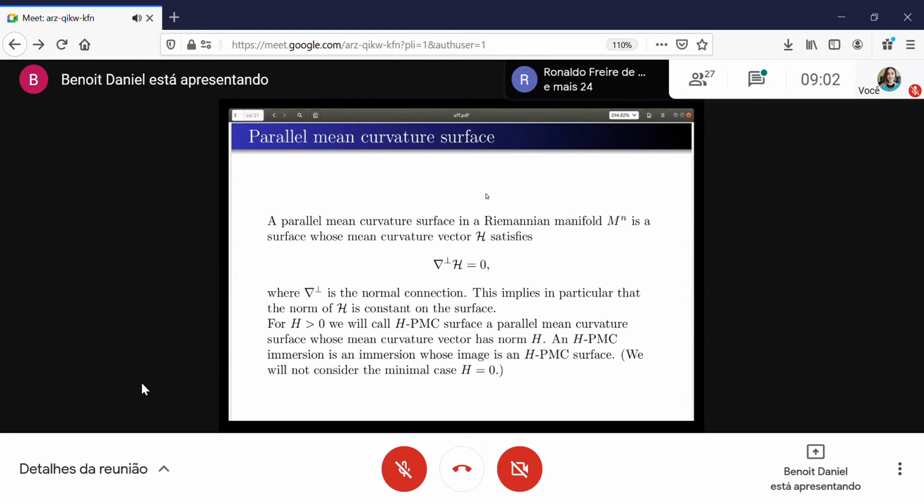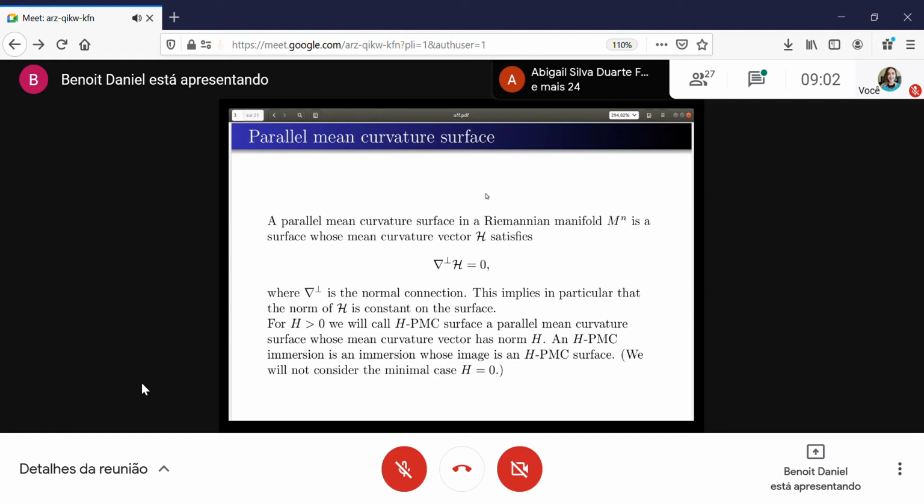Why? Because if you compute the derivative of the norm of this vector H, it will involve nabla perp H, and so it will give you 0. So the norm is constant. In this talk, I will exclude the case of minimal surfaces.